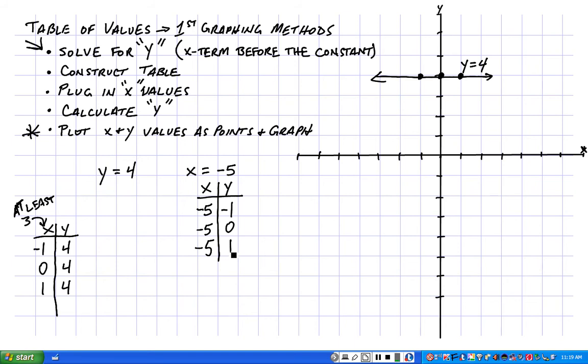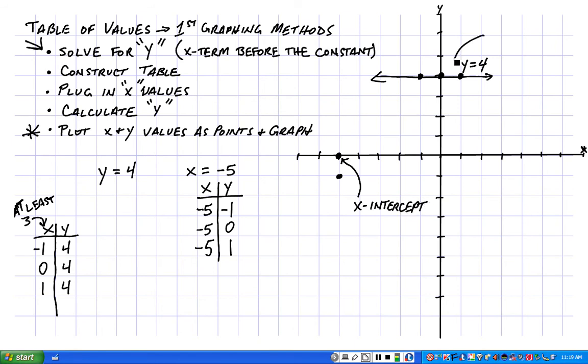So plot those points and you see x is -1, 2, 3, 4, 5, -5, -1, there you go, -5, 0. Now, this point is actually on the x-axis, so this would be considered an x-intercept.